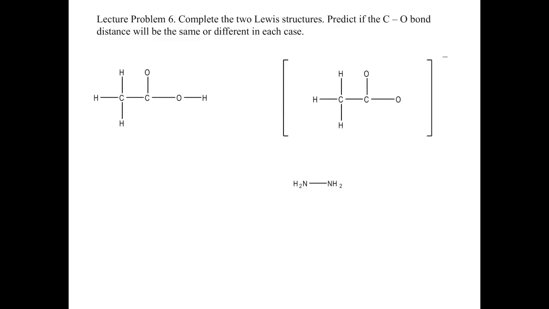The rules that we've covered basically demonstrate how you can do any example, whether it is a simple example where you don't have expanded octet and the central atom is in the second row, or where you have expanded octet and the central atom is in the third row or below. So just keep in mind to follow the steps. Make sure you're very pedantic about the steps.